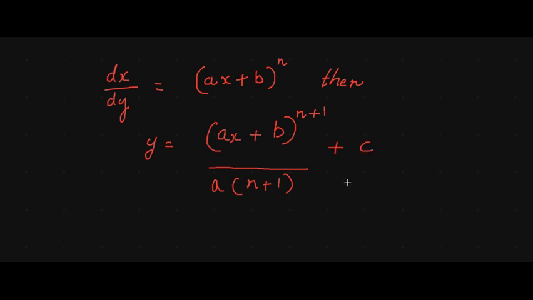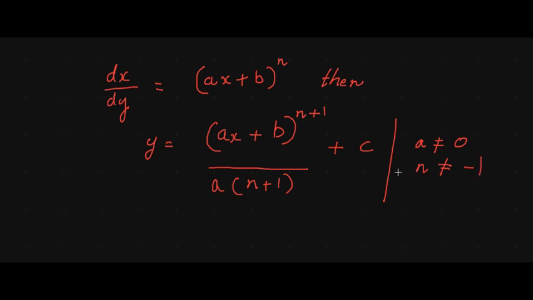Of course, c is the constant, and another important piece of information here is that a cannot be 0, because if a is 0, then you get into a situation where you're dividing something by 0. That will not work. And n cannot be minus 1. Again, the same thing: if n is minus 1, then things will become 0.